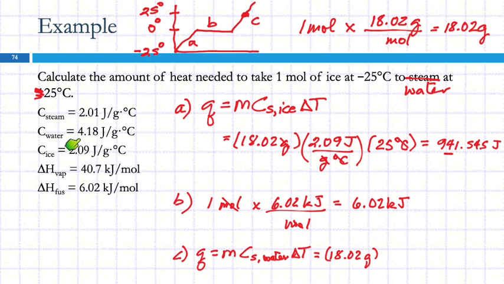Specific heat capacity is 4.18 joules per gram degrees Celsius. And what's my change in temperature here? The final temperature minus the initial temperature.